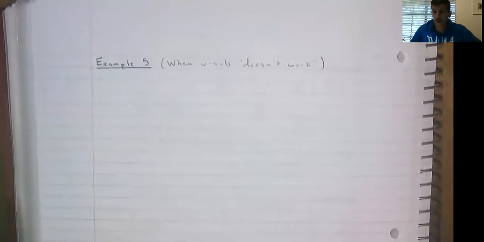We're going to do additional tailoring here when u-sub "doesn't work." And I'm putting that in quotes because what we're going to see is it actually does work. It just requires an additional step. We will eventually get some integration problems where u-sub really doesn't work, and we have other methods to find those integrals. So when u-sub doesn't work, quote, unquote.